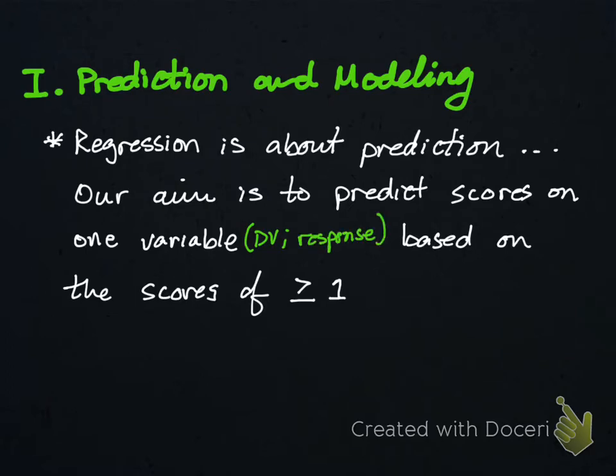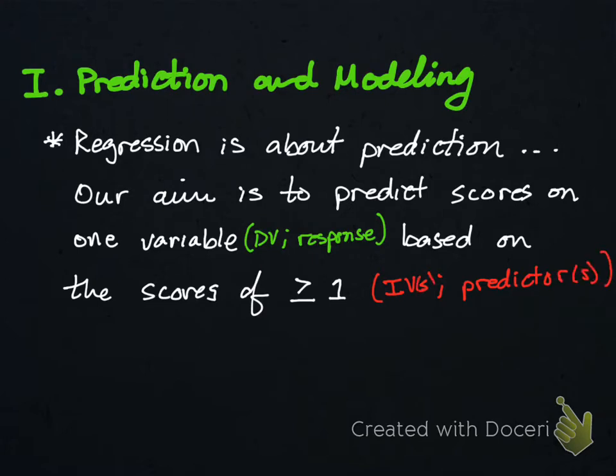That's just a little bit of different language in the regression context. And we're going to predict the scores on this dependent variable based on the scores of one or more independent variables, or what we might call our predictor variables, or our predictors.